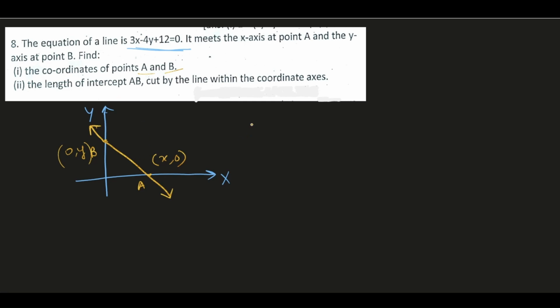To attempt these kinds of questions, we need to remember one thing, that every straight line has its own equation.